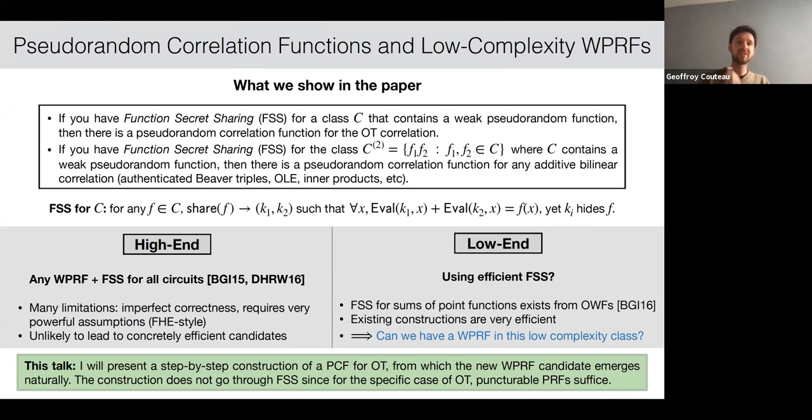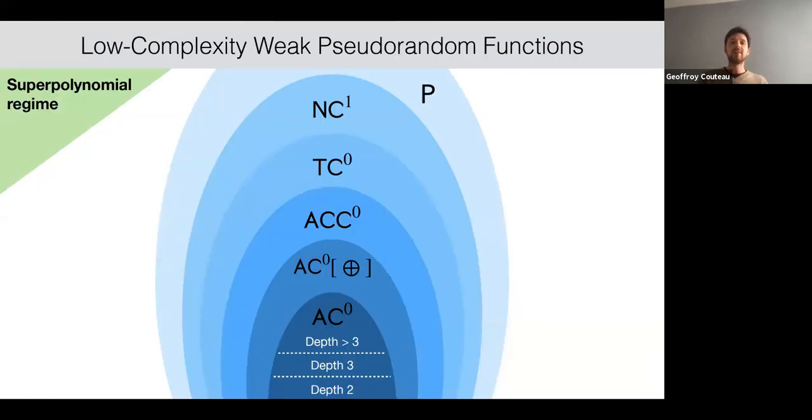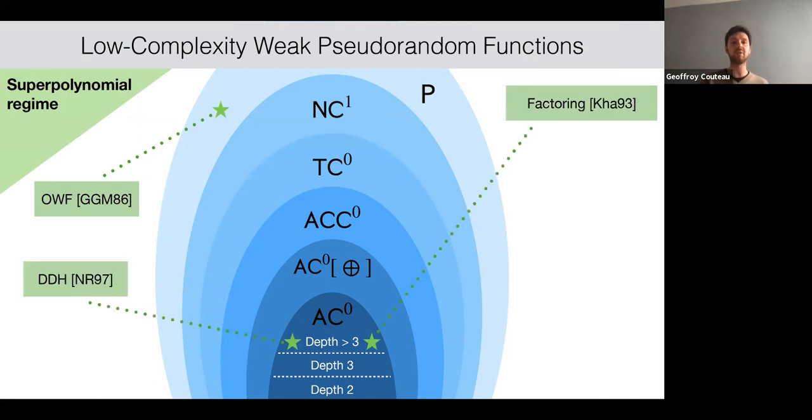Before I start with the construction, what do we know about low complexity weak pseudorandom functions? Perhaps we already know of a weak pseudorandom function in this class, so we could already use that. If we care only about cryptographic primitives with superpolynomial security, then we have very good answers to the question about the complexity of weak pseudorandom functions. Of course, GGM gives us a PRF, a strong pseudorandom function that can be implemented in polynomial time, assuming any one-way function.